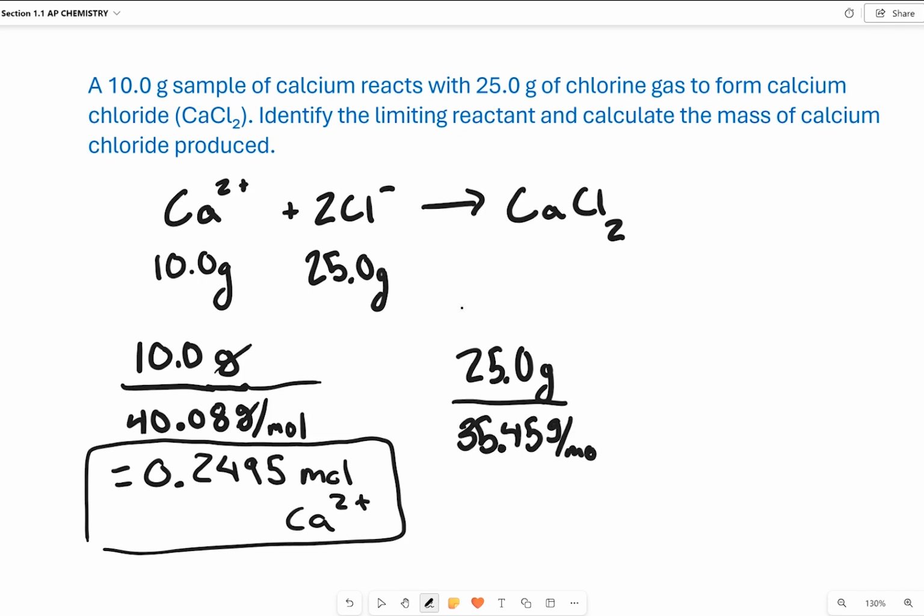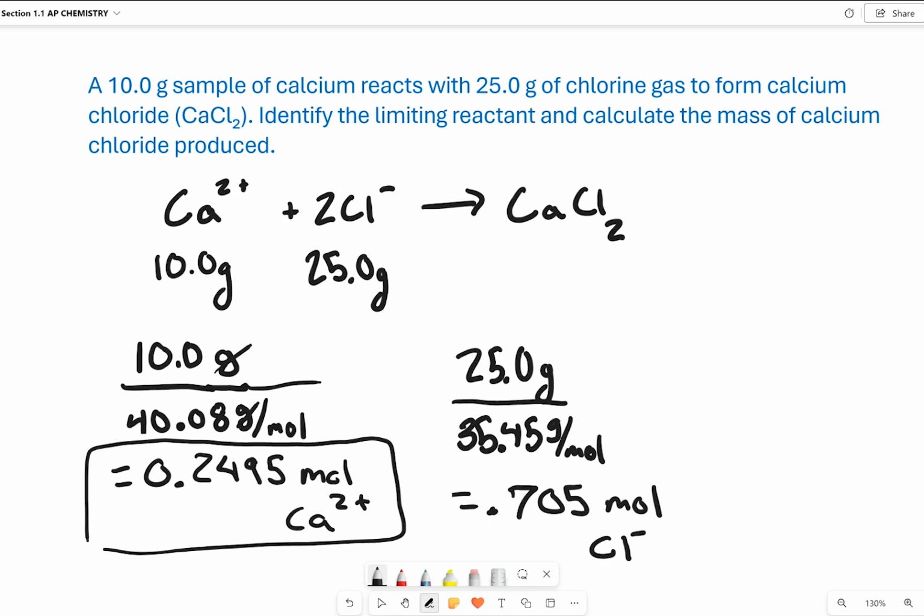If we plug that into the calculator, 25 divided by 35.45, we get 0.705 moles of chloride anions.